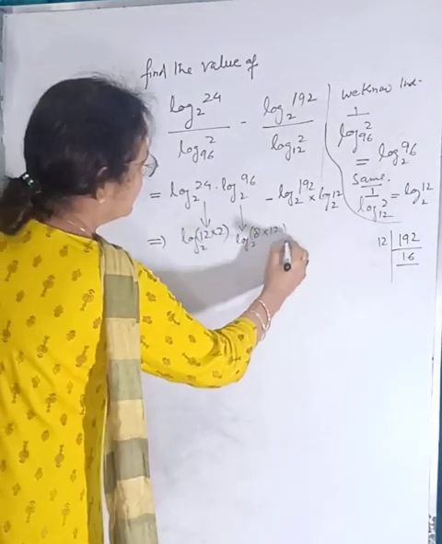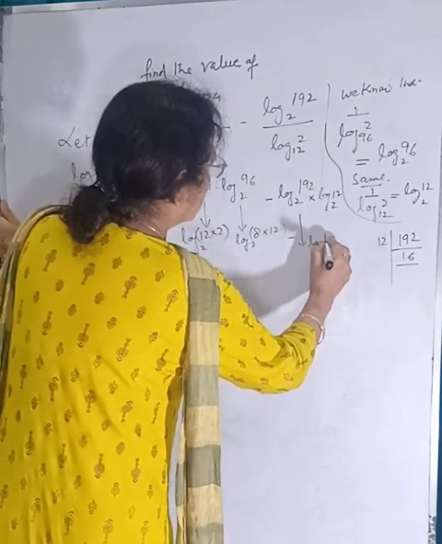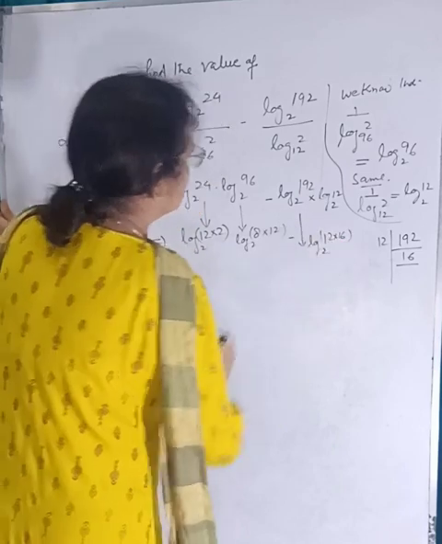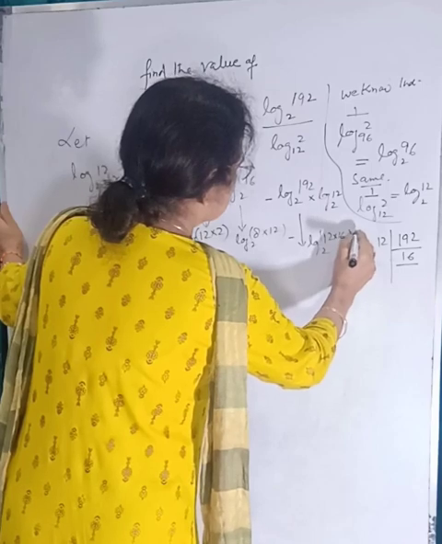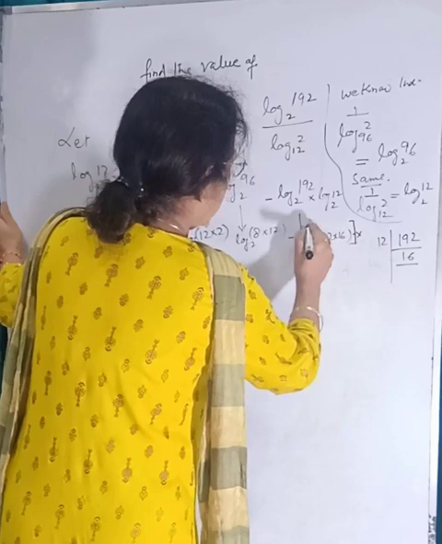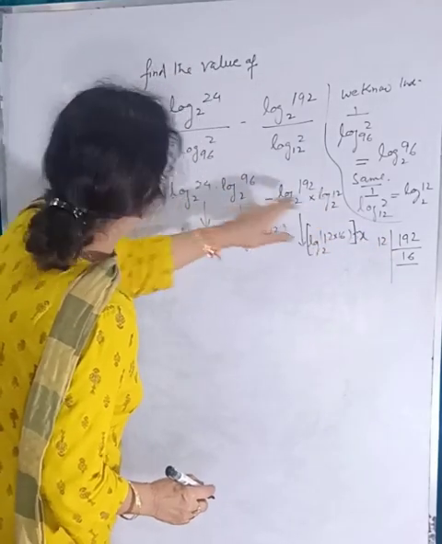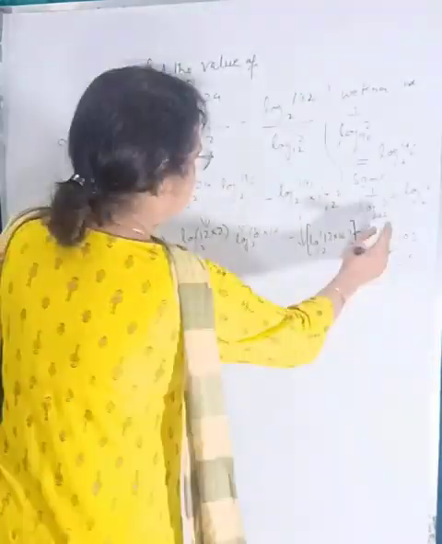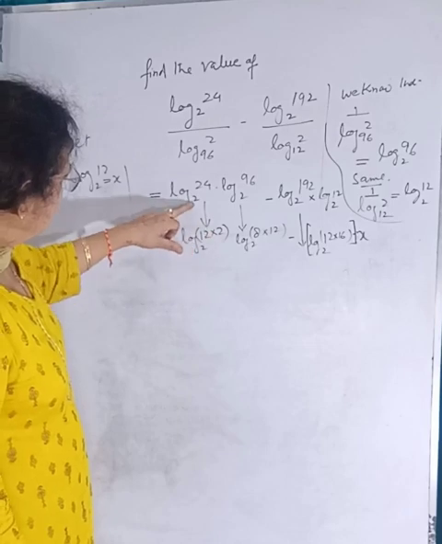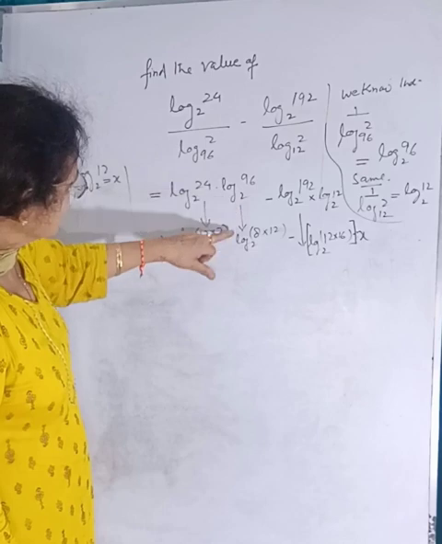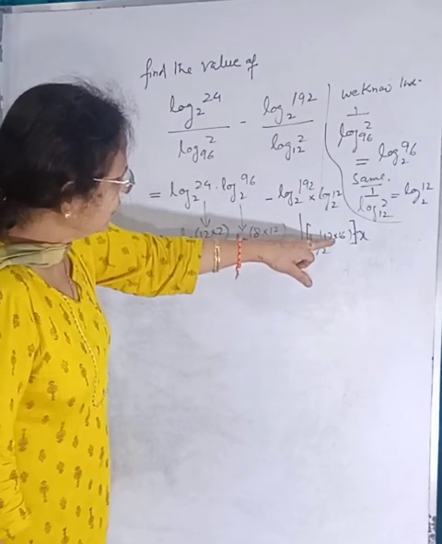ठीक है, this is minus, इसको लिख सकते हैं log of 12 into 16 with the base 2, और this is x into x, because we have supposed log of 12 with the base 2 is x. क्लियर? ओके, फिर से देखिए, इसकी जगह लिखा 12 into 2, log of 24 की जगह with the base 2, 96 की जगह लिखा log of 8 into 2 with the base 2, माइनस ये लगाया, 192 की जगह लिखा log of 12 into log of 16 with the base 2.